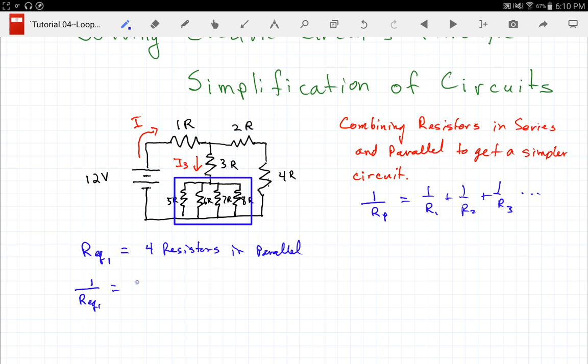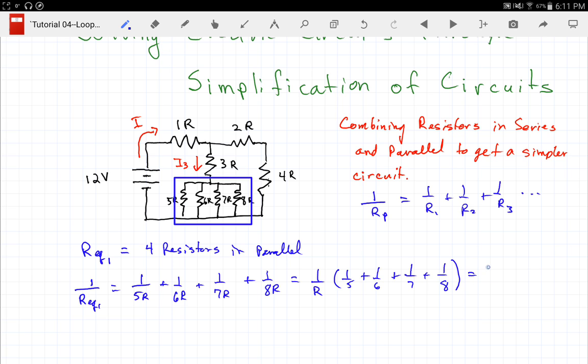So that's just going to be 1 over 5R plus 1 over 6R plus 1 over 7R plus 1 over 8R, which is equal to, well, they all have 1 over R in them, and I have 1/5 plus 1/6 plus 1/7 plus 1/8. Now, as far as simplification goes, there isn't a lot of simplification I can do on this.